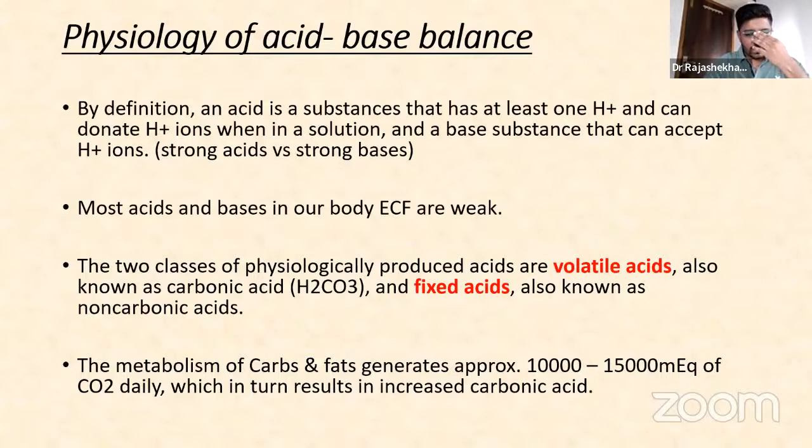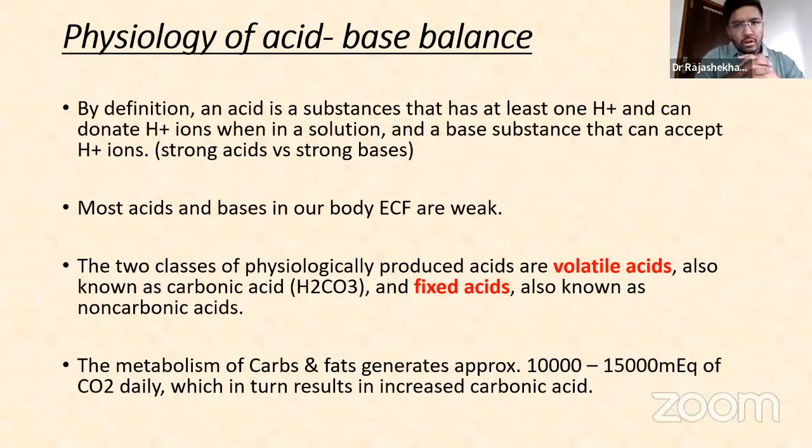If you remember the chemistry from the physiology you have learned, an acid is any substance that has at least one hydrogen ion and can donate a hydrogen ion when in a solution. And the reverse goes for a base, which can accept hydrogen ions. Depending on their power, acids and bases are categorized into strong acids and strong bases.